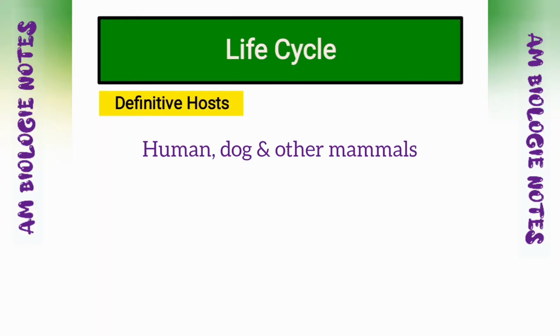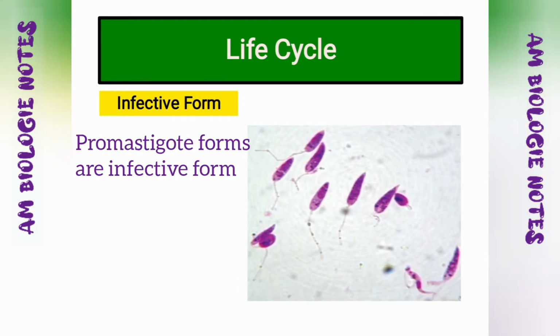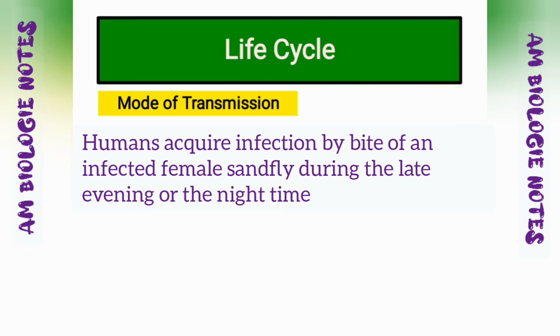Leishmania donovani completes its life cycle in two hosts: the definitive host, human, dog, and other mammals; and the intermediate host, an insect vector, the female sandfly. The promastigote form present in the midgut of the female sandfly is the infective form to vertebrate hosts. Humans acquire infection by the bite of an infected female sandfly, mainly during the late evening or night time.